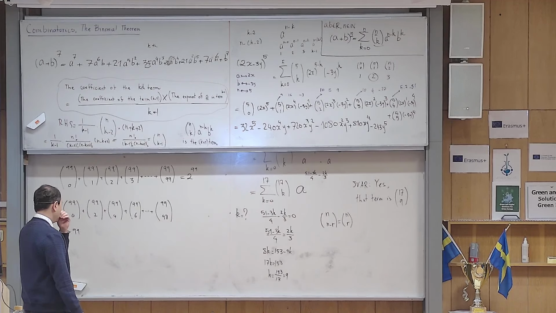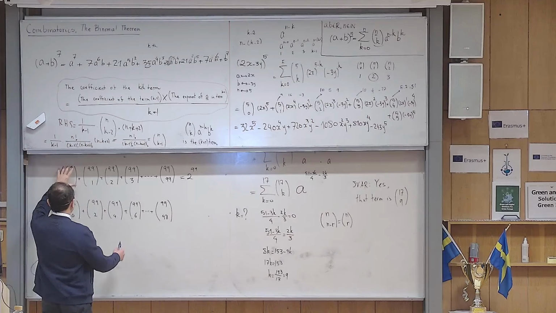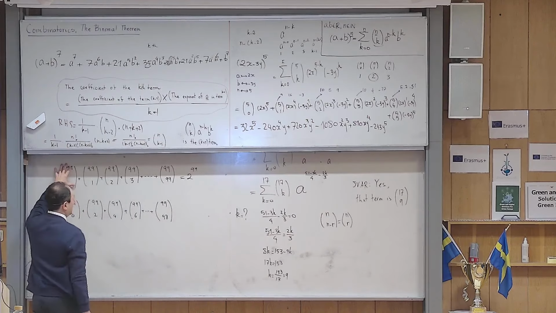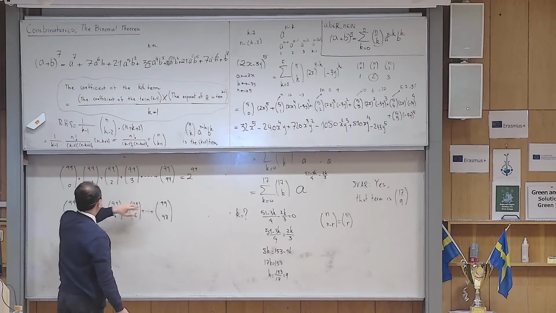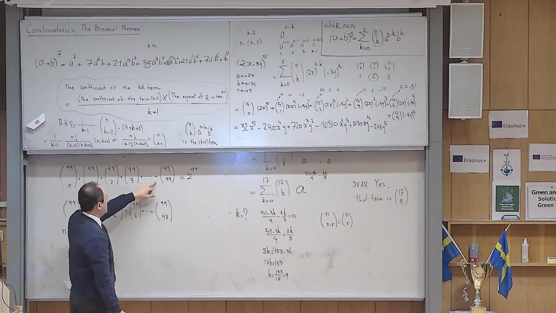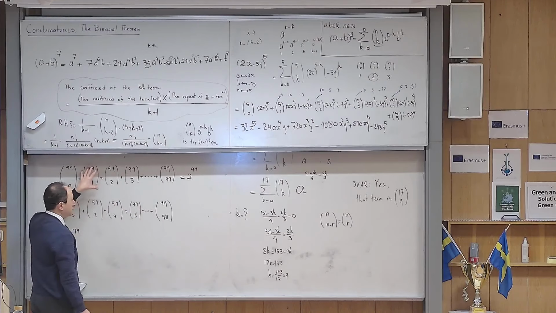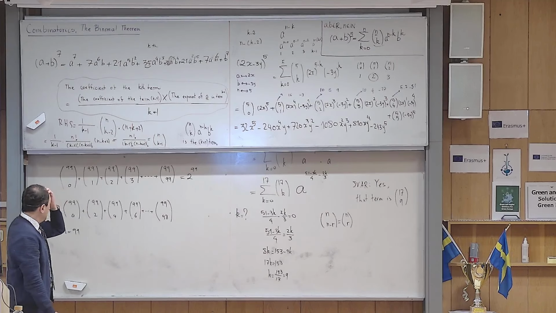Same half. So you are saying that I can take that one and write this one. And then I can take the previous one, what is the previous one? It's 98, yes? I can write this one. Yes, that works.